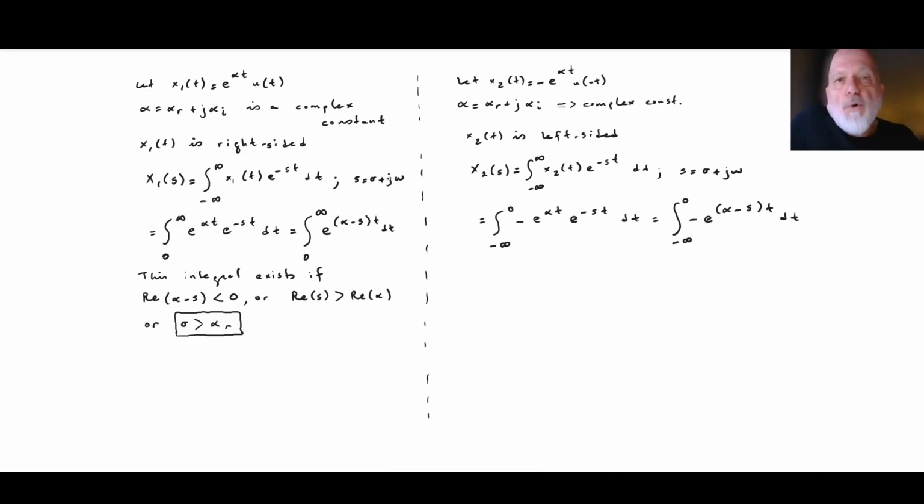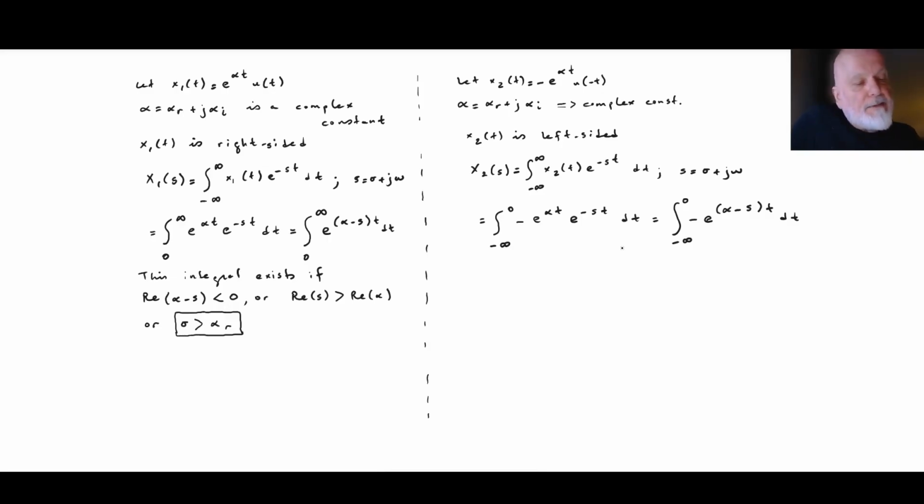They play no role in the convergence of the integral. So for the convergence of the integral, we require an exponential decay as t tends to infinity. That exponential decay is guaranteed if the real part of alpha minus s is negative. Or we end up with this condition.